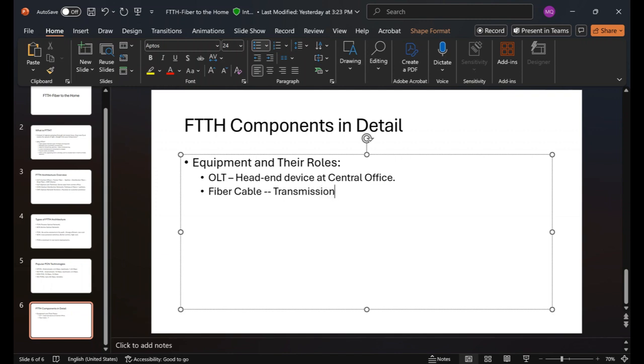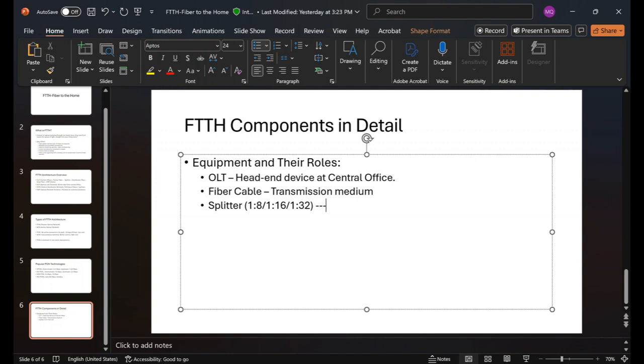Number three, splitter. 1:8, 1:16 and 1:32.